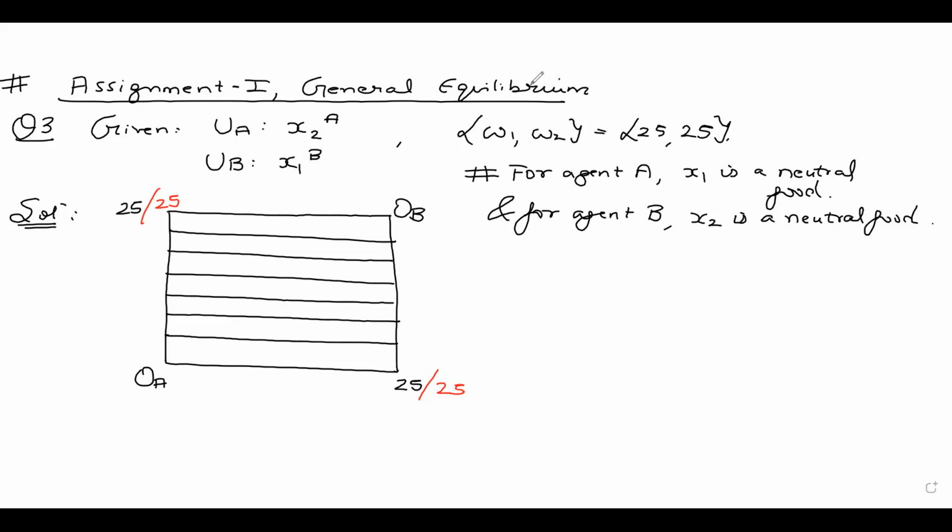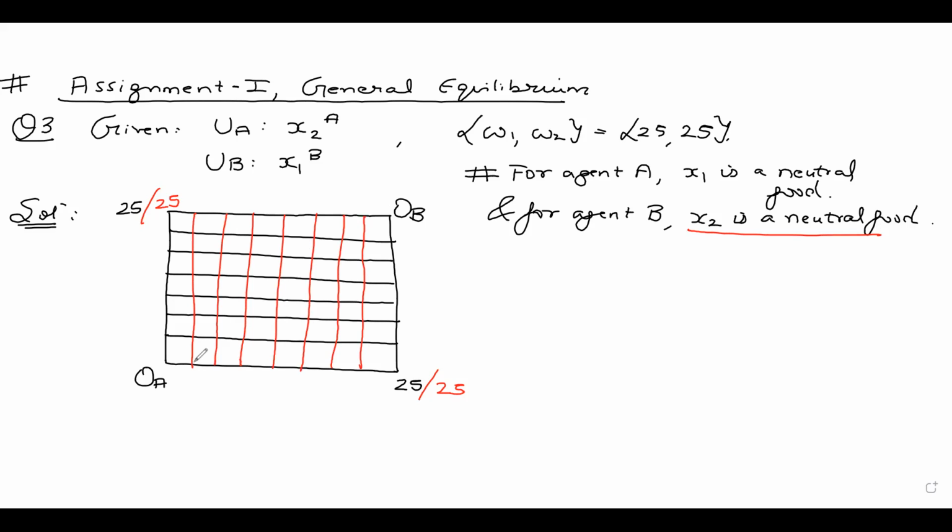For agent B, I'm using red color, and X2 is a neutral good. If you turn to B's origin, B's ICs are going to look parallel to B's y-axis, because for agent B, what matters actually is good X1 only, X2 is a neutral good.